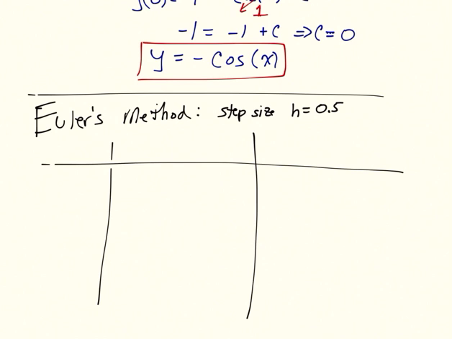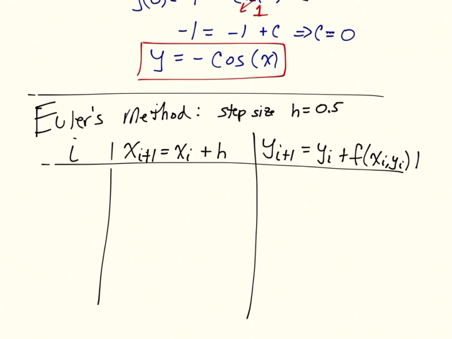In the first column of the table, we're going to put i, where i is our iteration number. In the middle, we're going to have our x's. And remember that x_{i+1} = x_i + h. That's our Euler update for x. And then we're going to have y_{i+1} = y_i + f(x_i, y_i) times h.